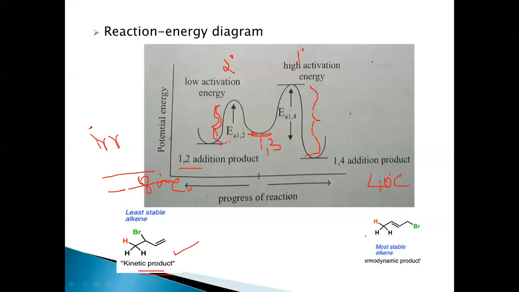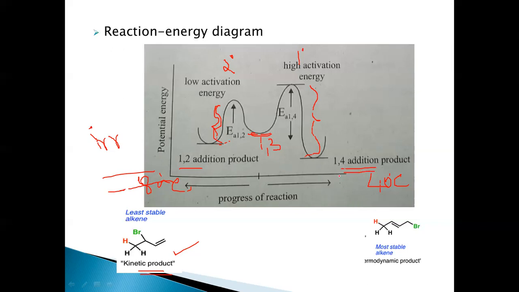That means the 1,2 addition product is reversed and gets back to the reactant, and now the temperature is enough to pass the activation energy required for the formation of this primary carbocation intermediate, and the more stable product, that is the 1,4 addition product, is formed here.